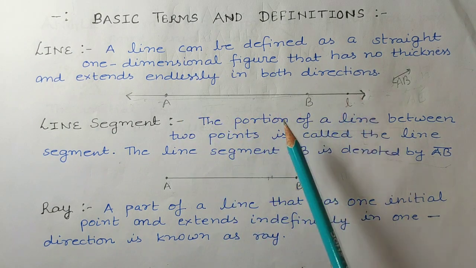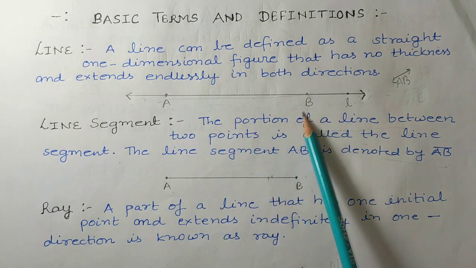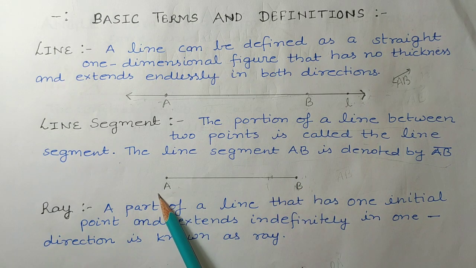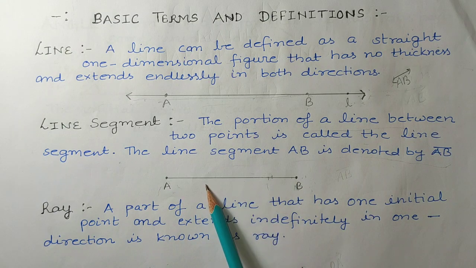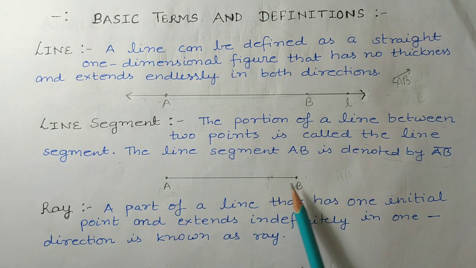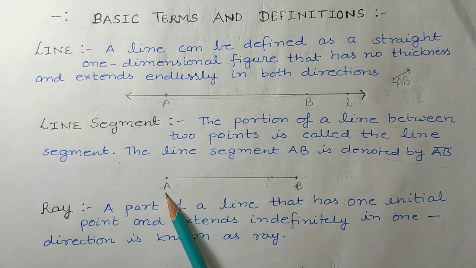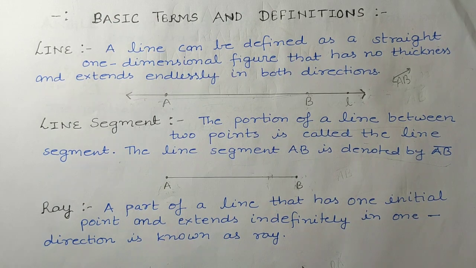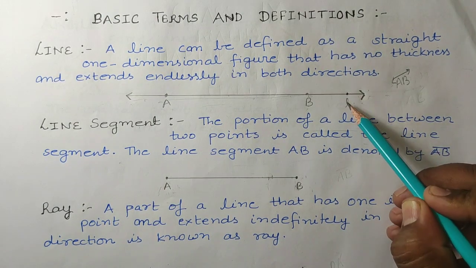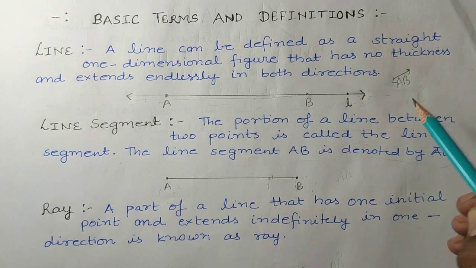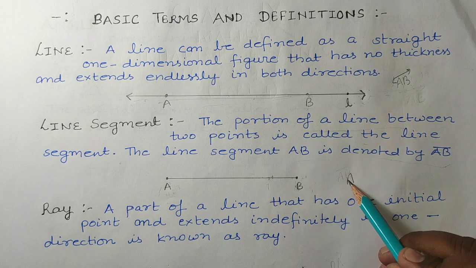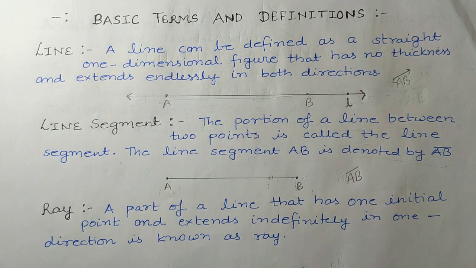Suppose in this line, if we extract the portion AB like this, this is a line segment which has its end points. Here A is an end point from the left-hand side and B is an end point from the right-hand side. In a line we can represent it by a small letter, and in a line segment we generally use the symbol AB.